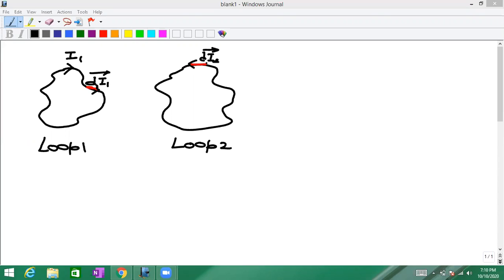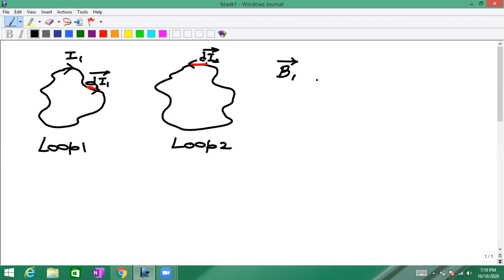Suppose the magnetic field at the position of loop 2 due to loop 1 is this one. It is the B1 vector. So what is the B1 vector?